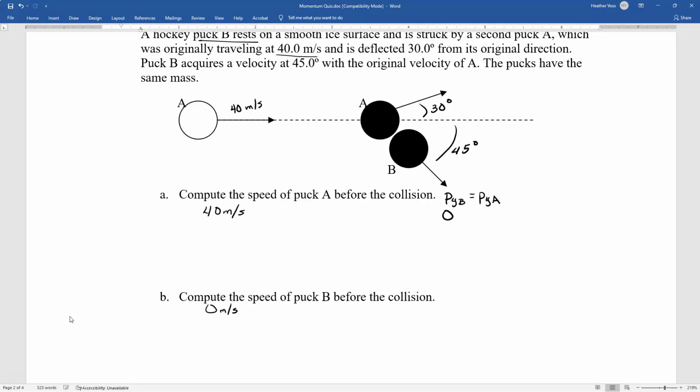Before, there was nothing in the y direction. So that means we're going to have mass A times velocity of A. This is going to be sine of 30, because that's going to be opposite. So putting theta, let's just go ahead and put 30 in here.